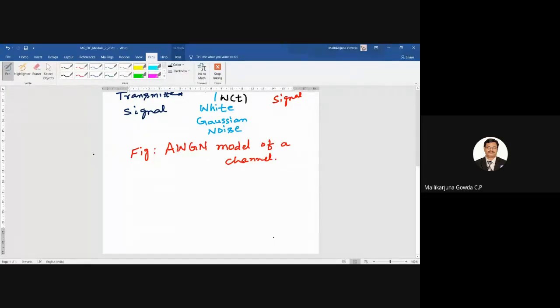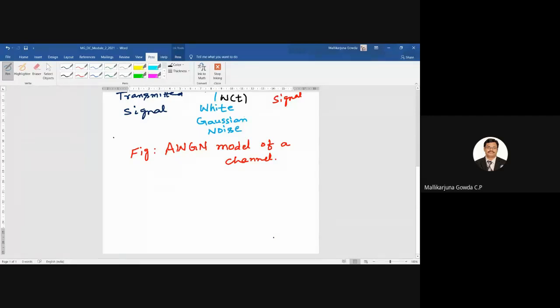So X of t is the input to the bank of n correlators. I have n correlators, and the input is X of t. From that, I am going to obtain the coefficients. Let me say this in a proper way. The input to the bank of n product integrators, or what we call correlators, is the received signal x of t.